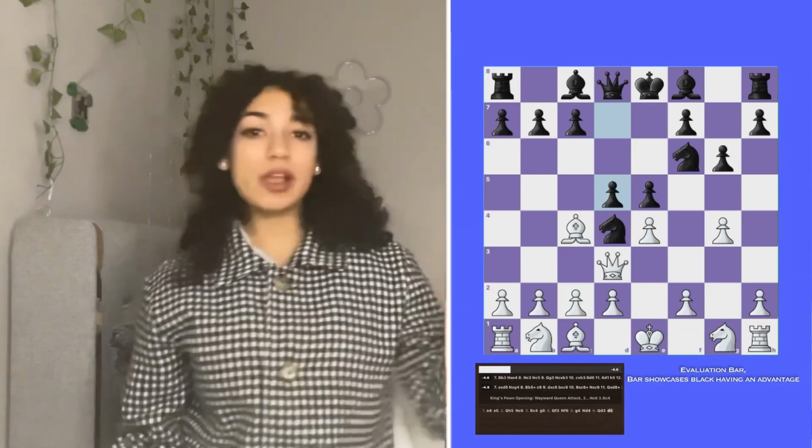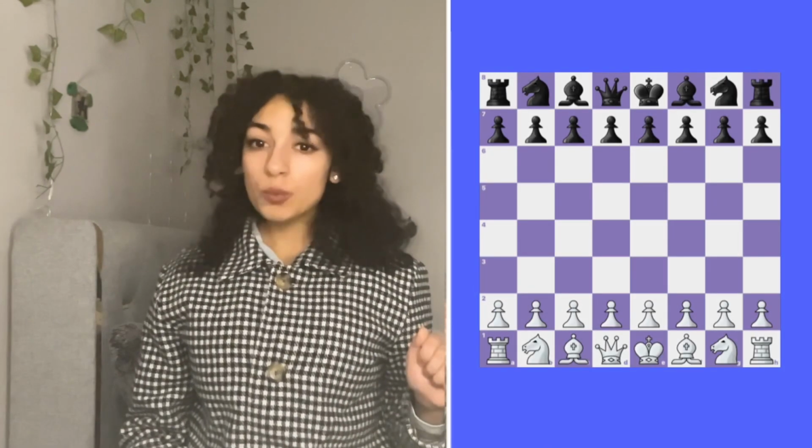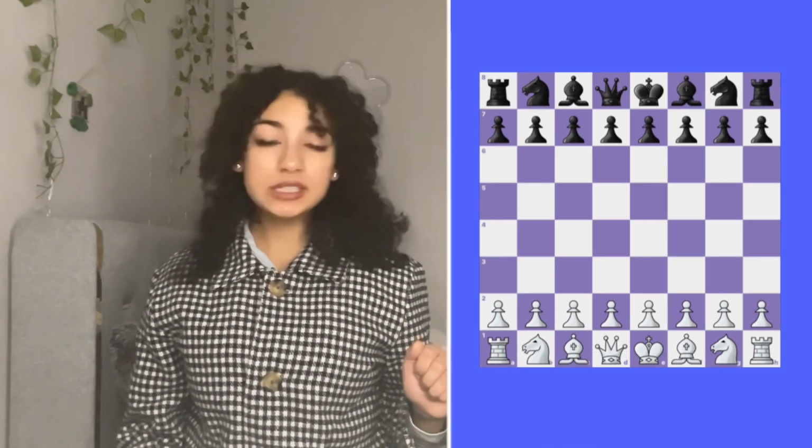Okay, let's rewind. When we go back to talking about developing minor pieces, which one first, knights or bishops? I have the answer for you, my friend. There's a saying in chess: knights before bishops, which means you want to get your knights to the center because your knights are able to defend the center better.